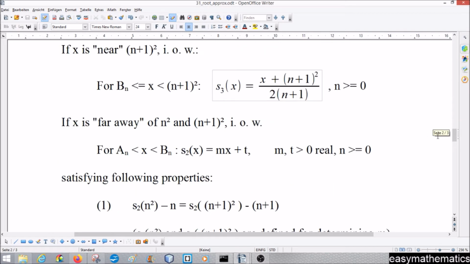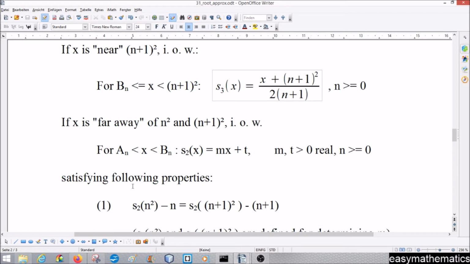If x is far away from n squared and (n plus 1) squared, in other words, if x is between a of n and b of n, we take as s2 of x equals mx plus t. m and t are positive real numbers for n greater or equal to 0.